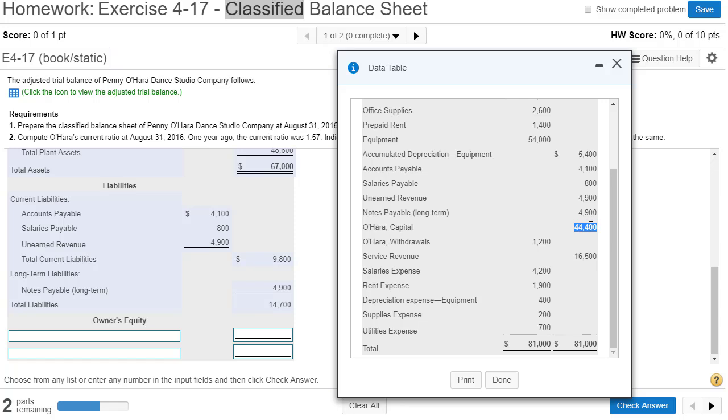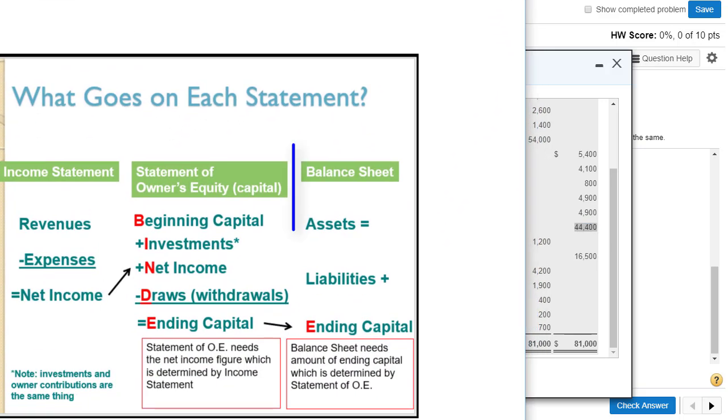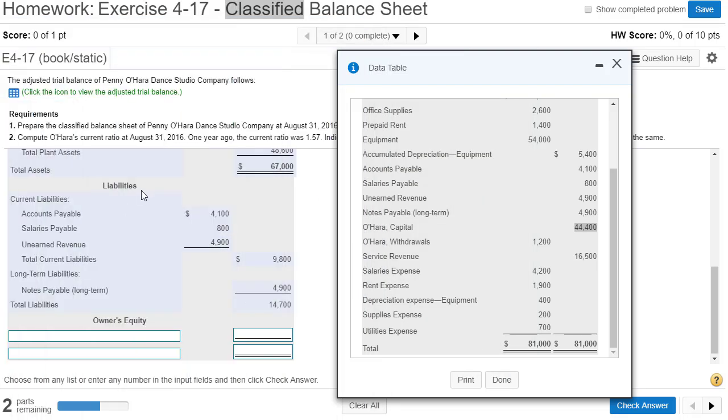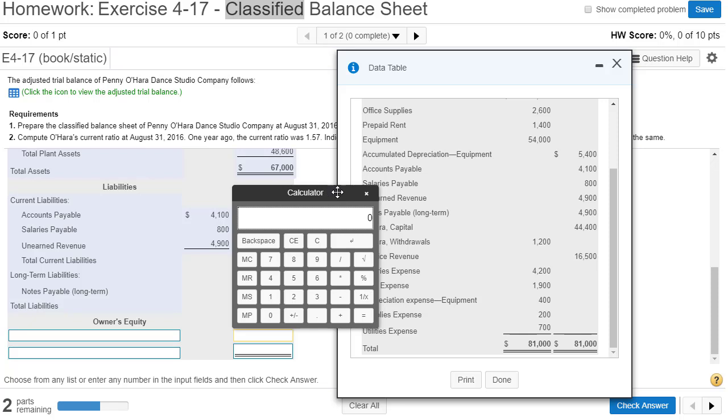But in this problem, that's a long way to go when all you really have to do, since we know that the balance sheet formula is, again, assets equals liabilities plus ending capital, is figure out $14,700 plus what equals $67,000. So all we need to do is subtract those two.